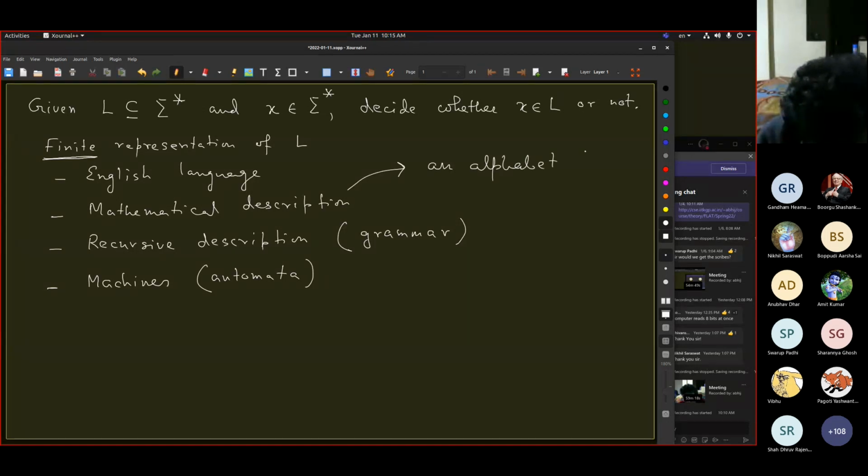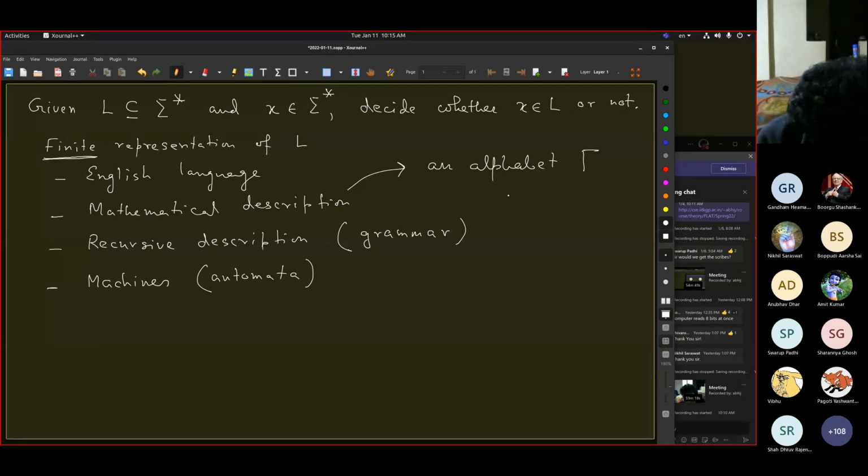And let us give it a different name like gamma. This is the description alphabet, which may be different from sigma itself. Okay. And like objects, okay, graphs, numbers, we can also encode this description in the form of a string. Okay. And it has to be finite.